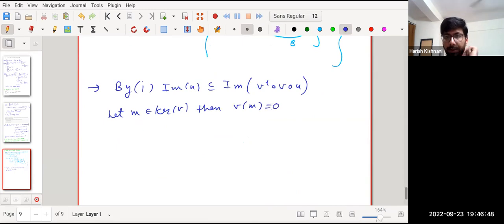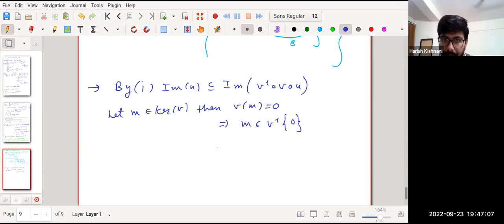We need to show that m belongs to the image of V inverse V o U. But what does this imply? This implies that m belongs to V inverse of 0, right?